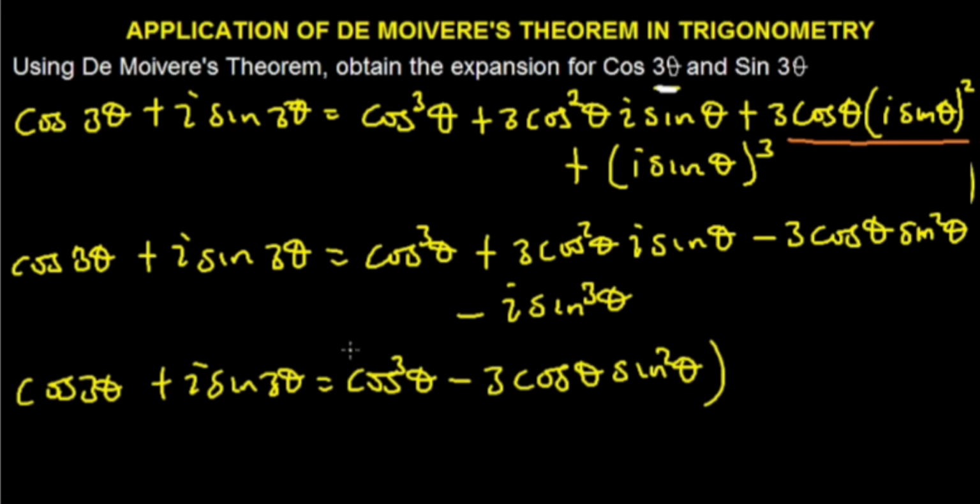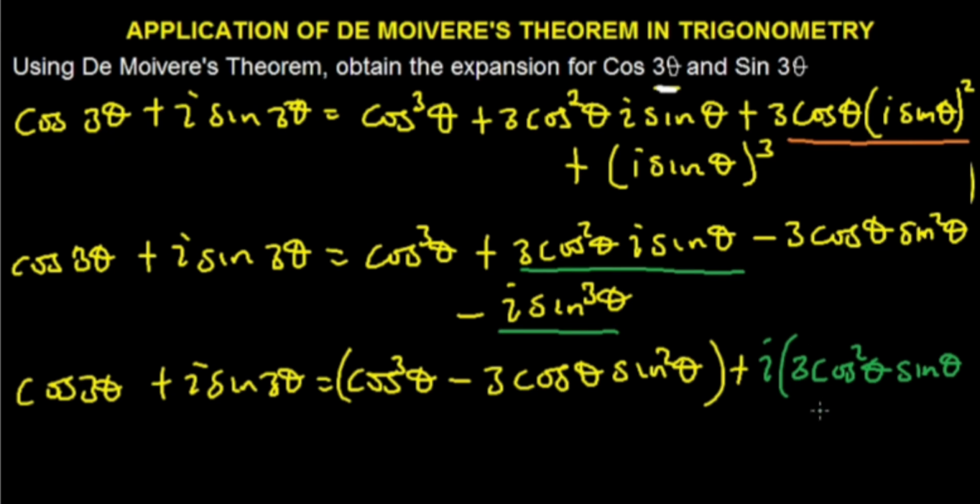These ones don't have i. Then plus, let me factorize i out because of the ones that have i. So I have i outside, then if I pick this one first, I will have 3 cos squared theta sin theta, then I pick this one, minus sin cube theta. These are the ones having i.